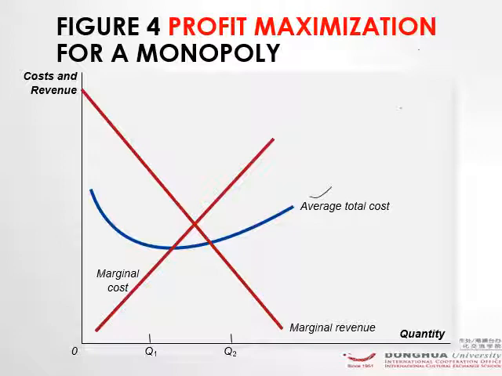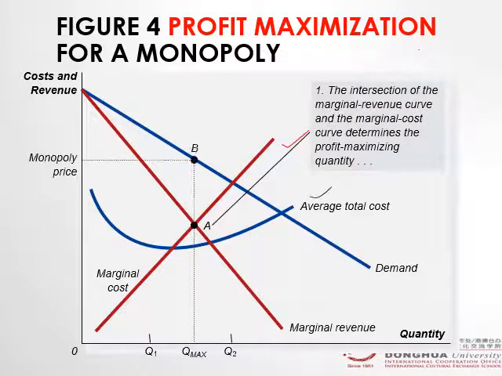This is the MC, and this is the demand or price curve. This is the average total cost. This is the MC, and this is the MR.